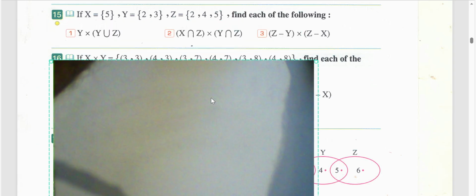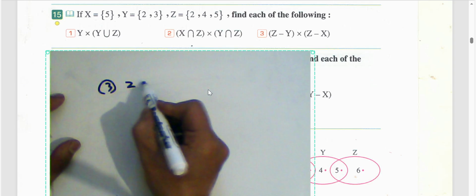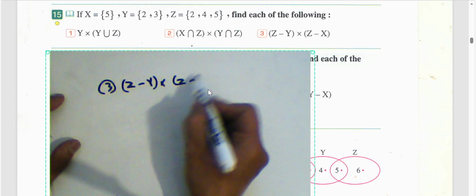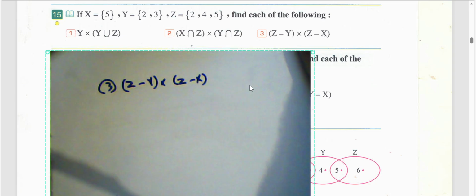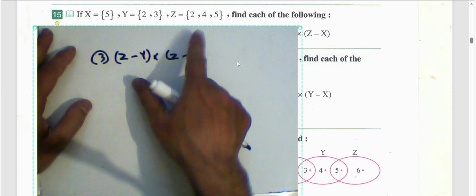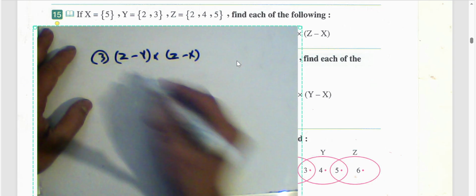Number 3, you want to find z difference y, Cartesian product with z difference x. Look at here. Z difference y, what is the element in z and not found in y? We have 4 and 5.